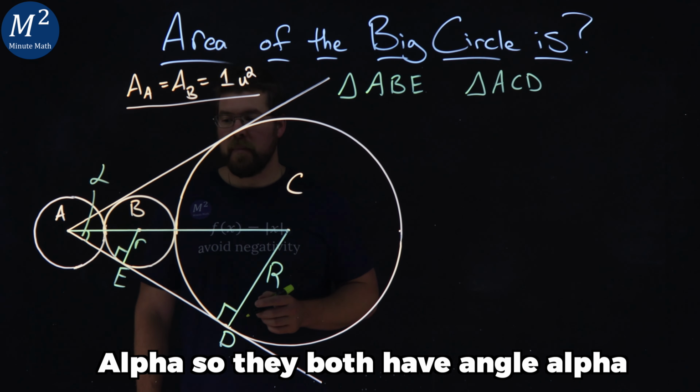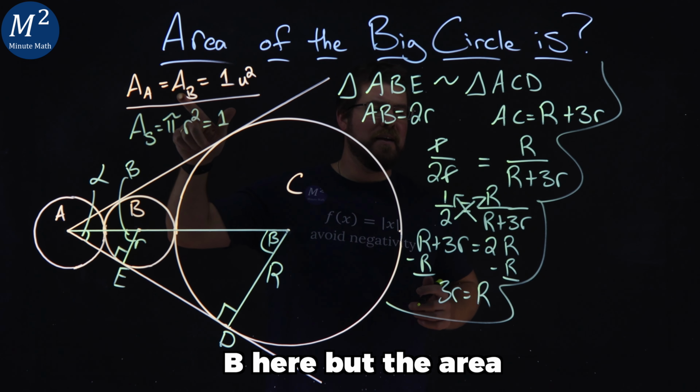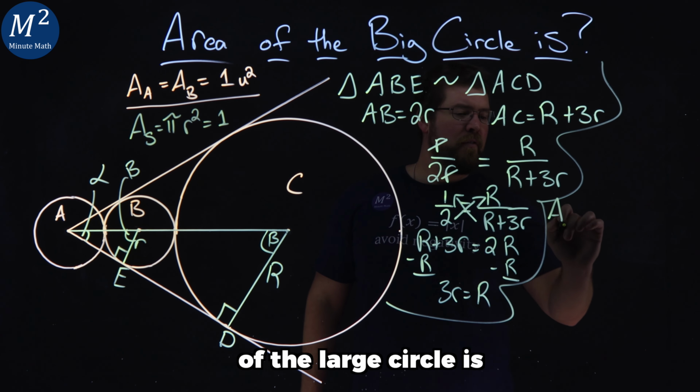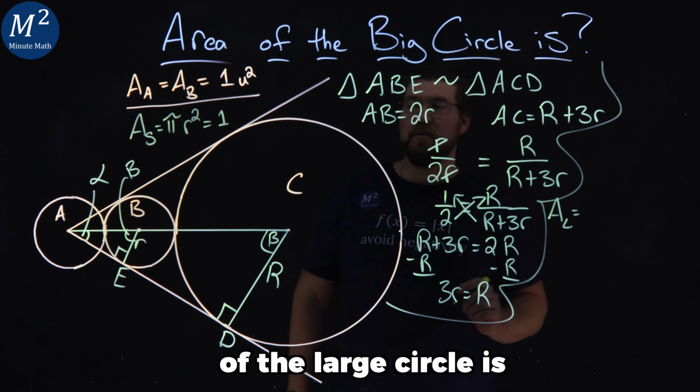So let's go back to our small circles. The area of our small circle is pi little r squared, and we know that's equal to 1. Our large circle here, I'll use L instead of B because I already used B here. But the area of the large circle is the same formula, pi, but big R squared.